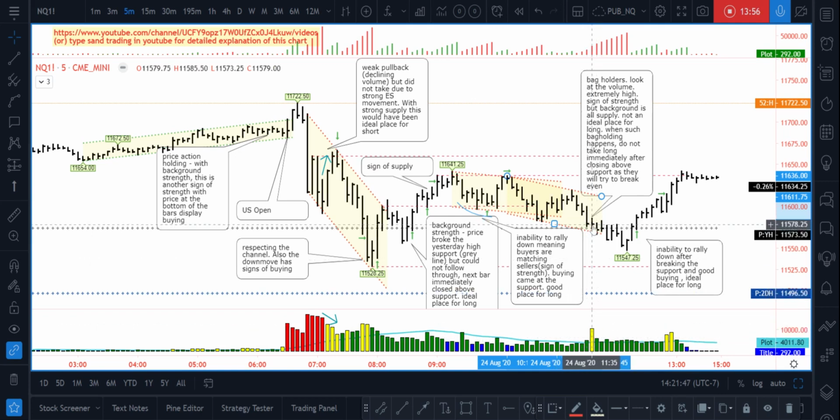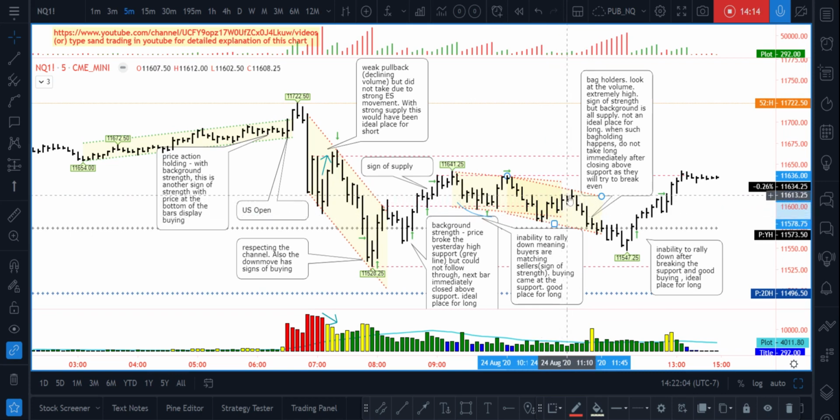But now the background condition, see this channel, the inclination is more, and the inclination of the down move is more, and then the inability to rally up freely and easily moving down. See, in 4 bars it came down.